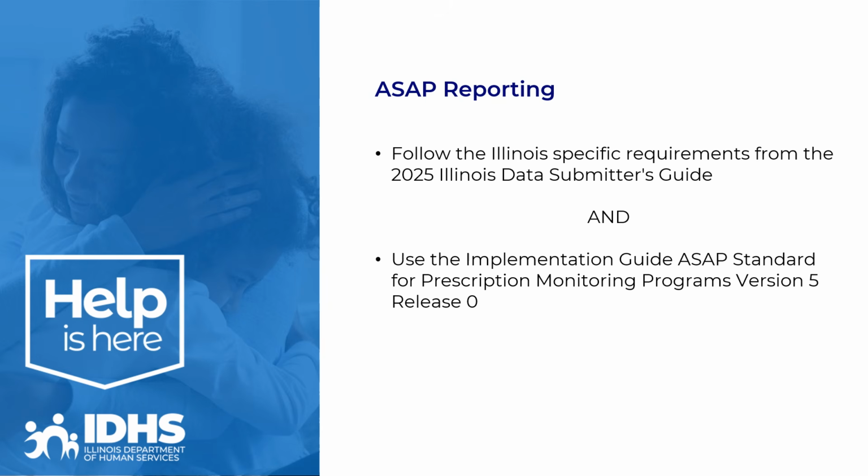All fields reported, regardless of Illinois requirements, unless otherwise stated, must be followed using ASAP's standard guidelines for reporting. Contact your pharmacy management system for more information on those guidelines. If you receive errors or warnings and believe you are reporting correctly, please contact our team at dhs.dbhr.pharmacycompliance@illinois.gov.